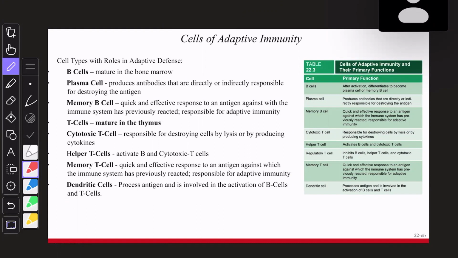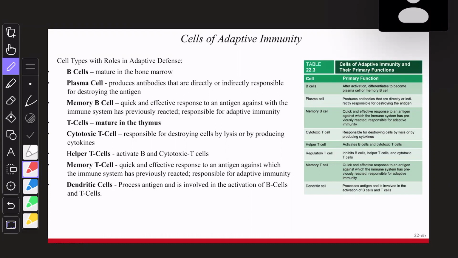The B cells mature in the bone marrow. The T cells mature in the thymus. So it's not where they're developed or made, it's where they mature. Basically think of it as their training site where they get trained. The T cells need that more than the B cells.